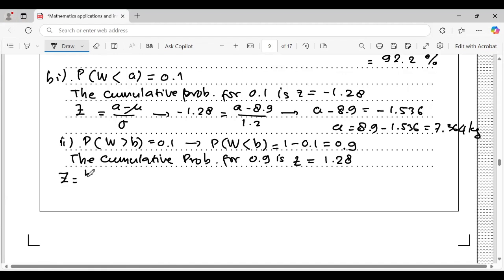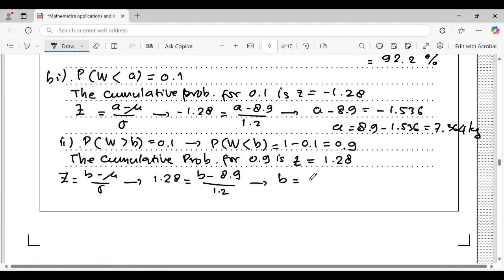Z equals B minus mu divided by standard deviation. So 1.28 equals B minus 8.9 divided by 1.2.